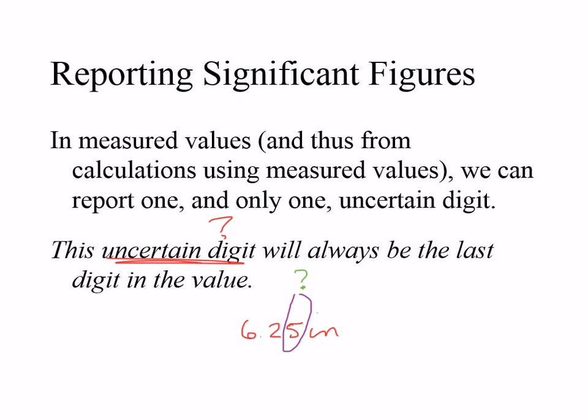So I'll put a question mark over the 5, and I'll put a check over the 2 in the tenths place, and a check over the 6 in the ones place. That's to say, I know for sure it's 6 inches, I know for sure it's 2/10. But the 5 in the 100ths place, a lot of times we just go plus or minus 0.01 inches. That 0.05, it might be a 0.06, might be a 0.04. So that's where we're going with all that.